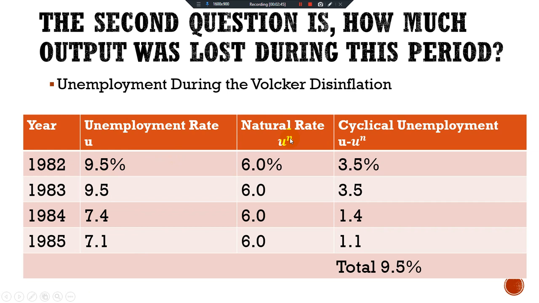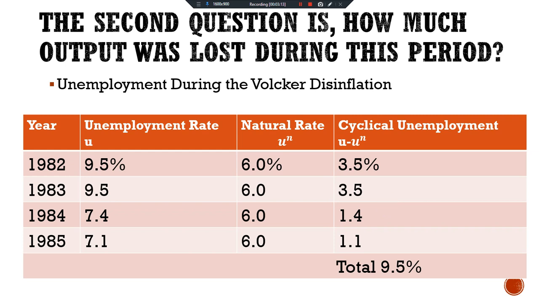We have the natural unemployment, that is 6%, and the cyclical unemployment of 3.5%, 3.5%, 1.4%, and 1.1%, and the total is 9.5%. So assuming that the natural rate of unemployment during that period is 6%, we can compute the amount of cyclical unemployment in each period.